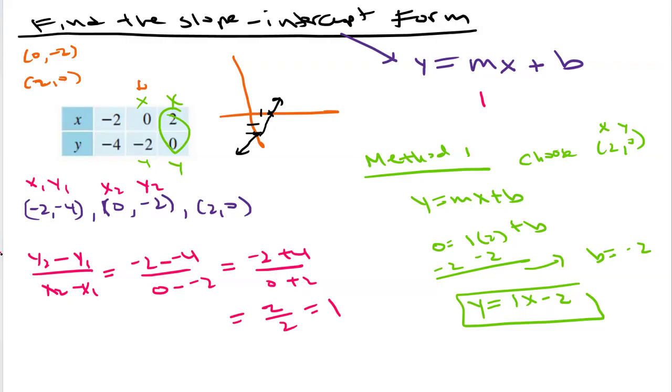It crosses at -2, right? That's where it crosses. So that's why we have a -2 for our b, because it crosses at that point. And that would be 0, -2.